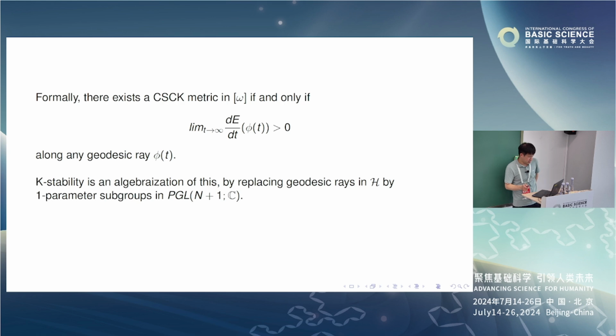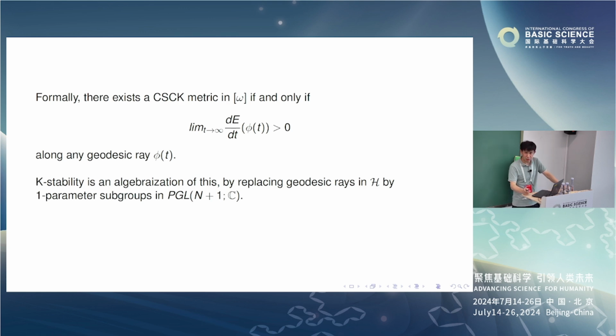Anyway, K stability is just algebraic. It's an algebraic thing where you replace geodesic rays, which you don't know how to construct, by one parameter subgroups in the finite dimensional Lie group PGL.